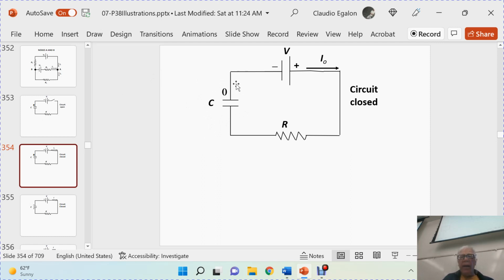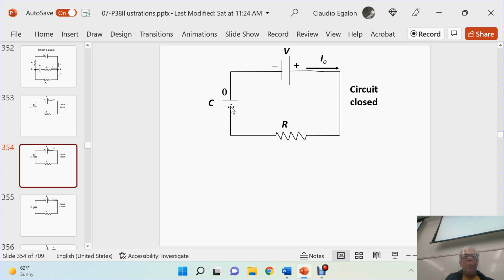As the current flows through the circuit, remember, the direction of the current is the direction of motion of the positive electric charges. So here you have positive electric charges moving in this direction through the circuit, and then what's going to happen? Those positive charges are going to accumulate on this plate of the capacitor.